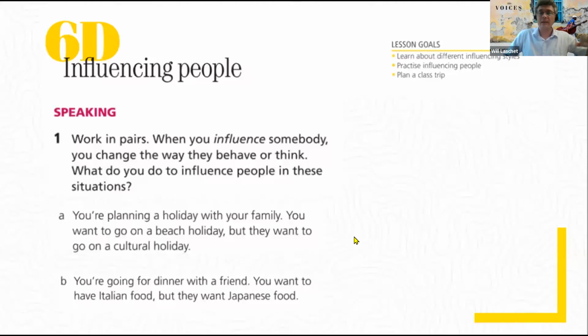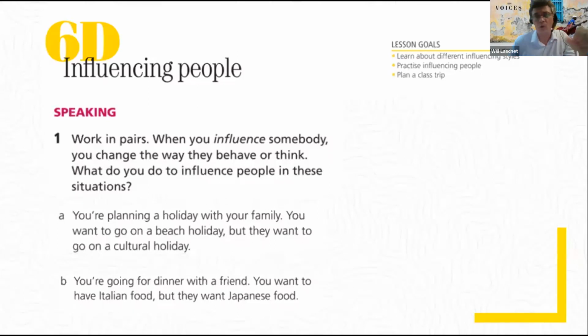Okay. One more task for you. Can you think of any other everyday situations in which we influence other people? So apart from what we want to eat or where we want to go, can you think of any other kind of common everyday situations where we influence people to do what we want? Let me give you a clue.